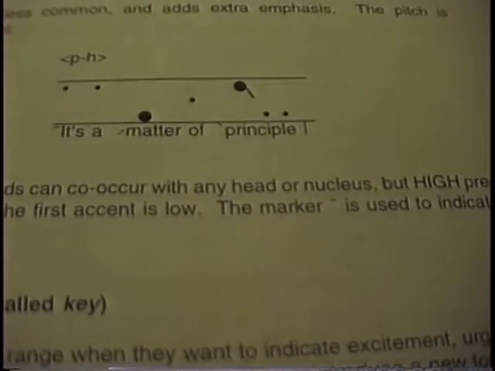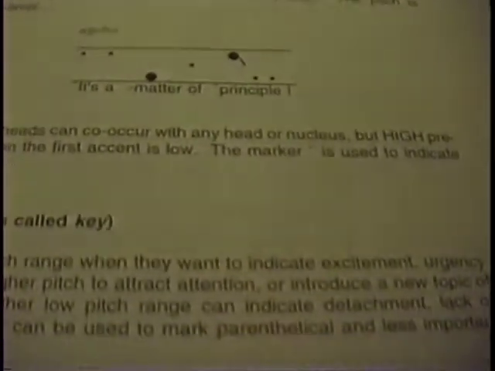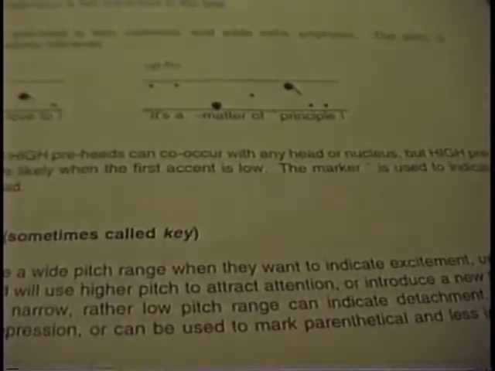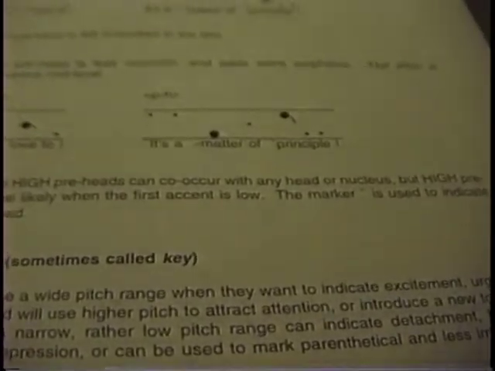Okay, the paragraph at the bottom of the handout there is just to make a point about the way we're using these heads in combination with the nuclei. If we think about pitch range, which is sometimes described as key in the literature, speakers use a wide pitch range when they want to indicate excitement, urgency, emotion, involvement, and so forth.